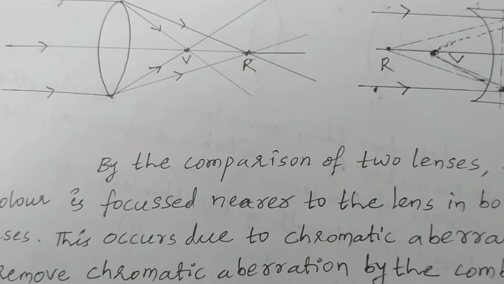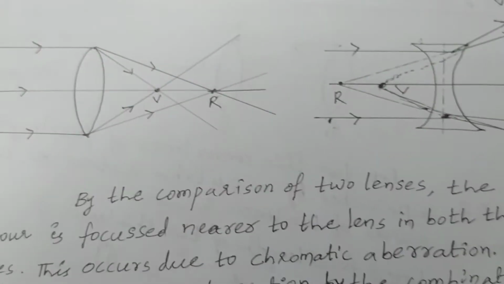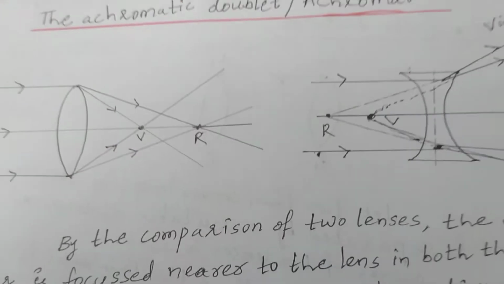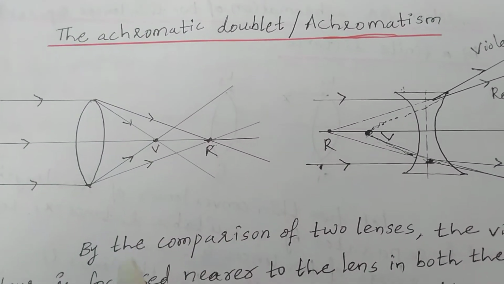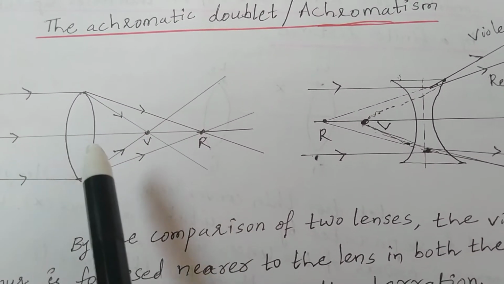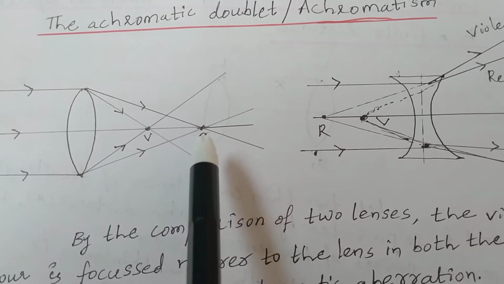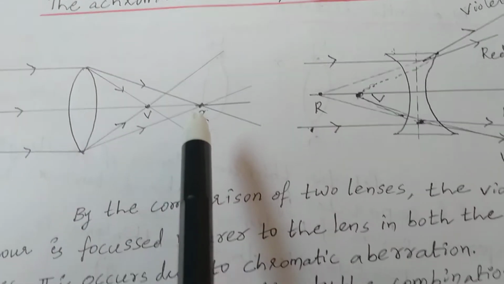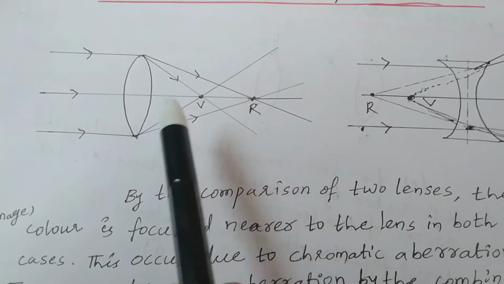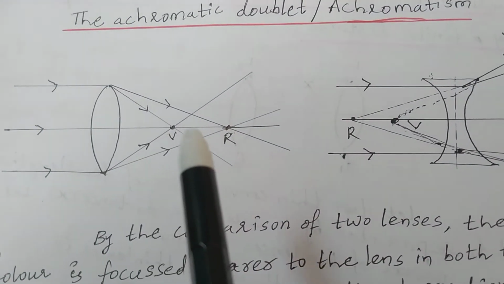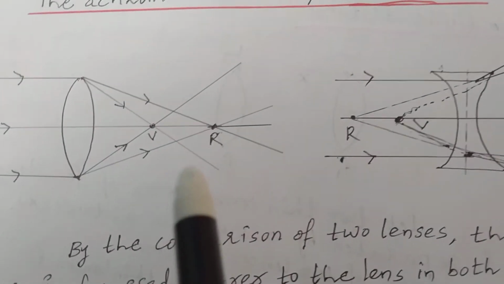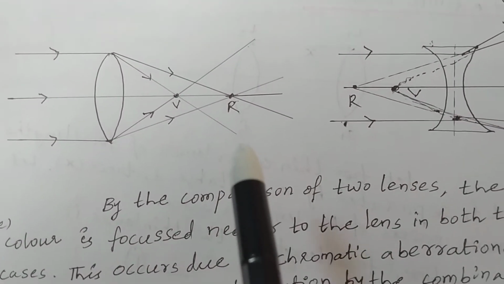By comparison of the two lenses, the violet color is focused very near to the lens as compared to red color. This is due to the chromatic aberration in lenses.